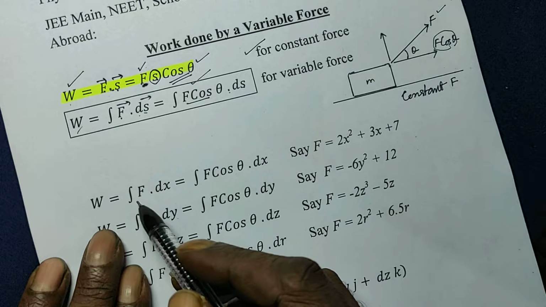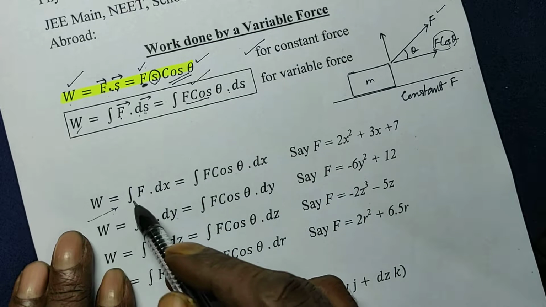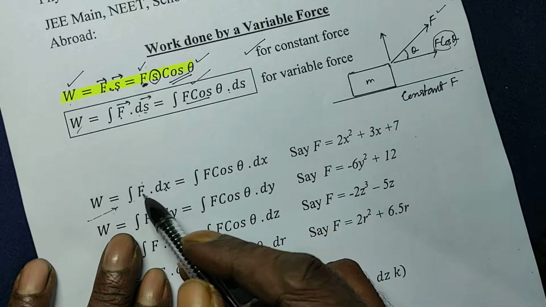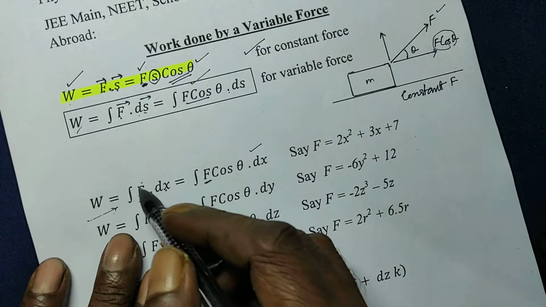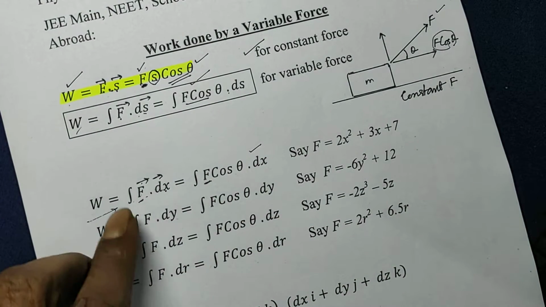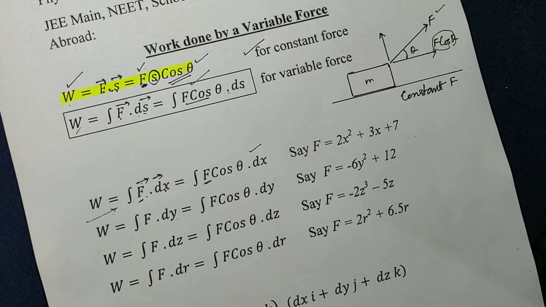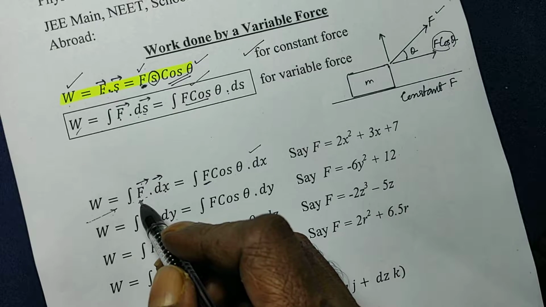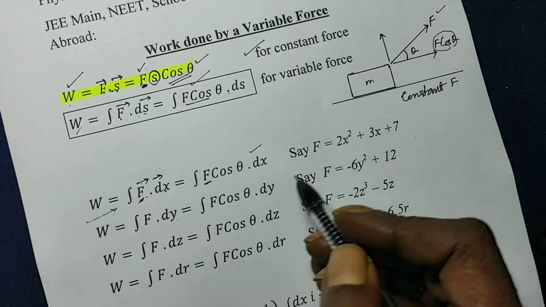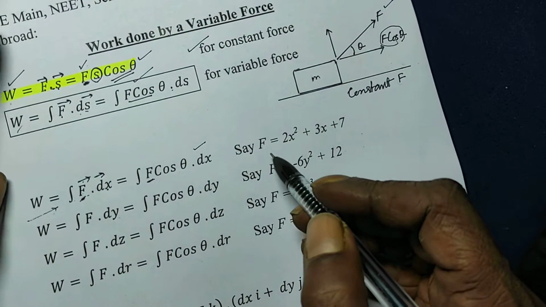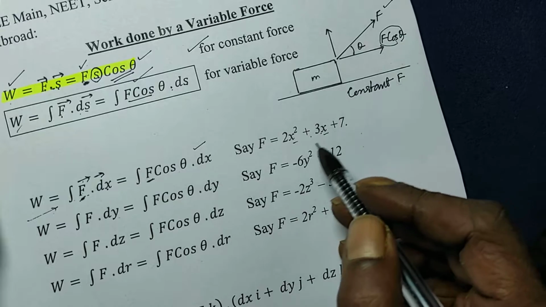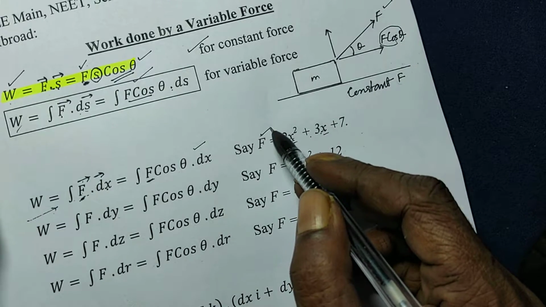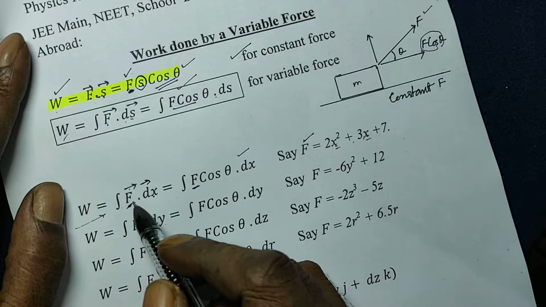If it is written as W is equal to the integral of F dot dx, that is F cos theta dx, then this force F must be given in terms of x, meaning the value of F is x dependent. For example, if F is given as, say, 2x square plus 3x plus 7, it means F is changing with respect to distance. If x changes, the value of F changes. Then you have to integrate F dot dx.